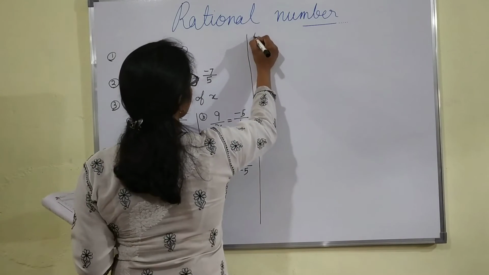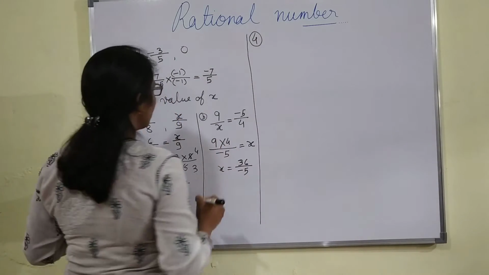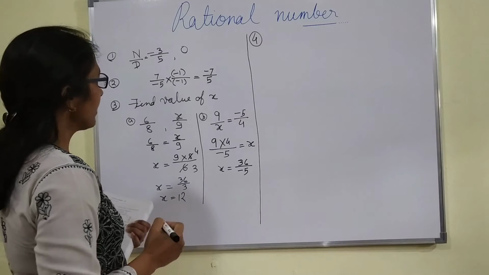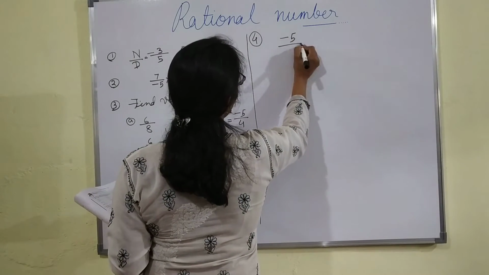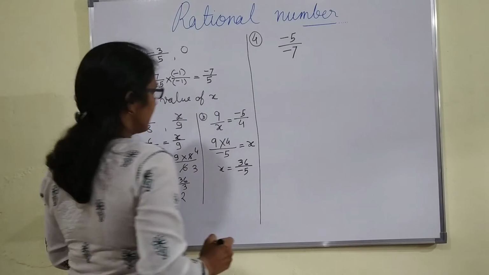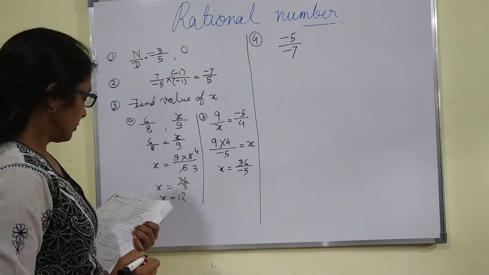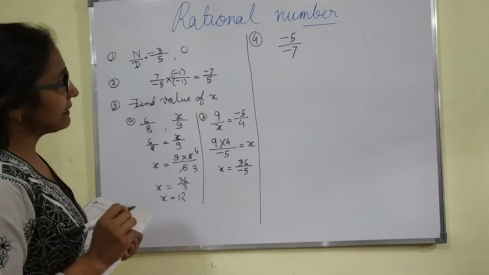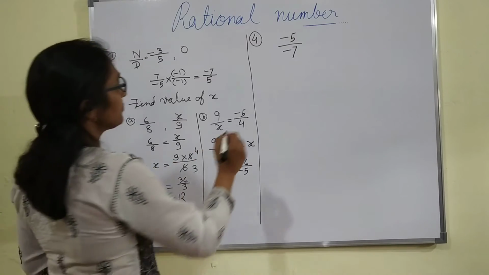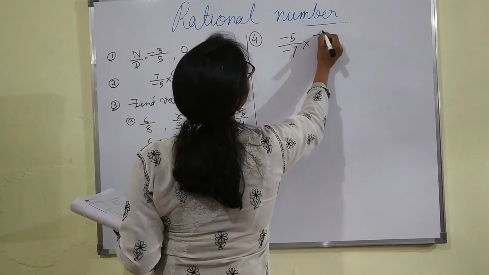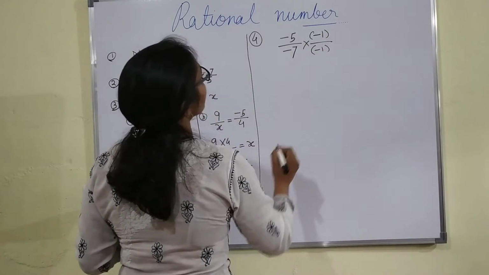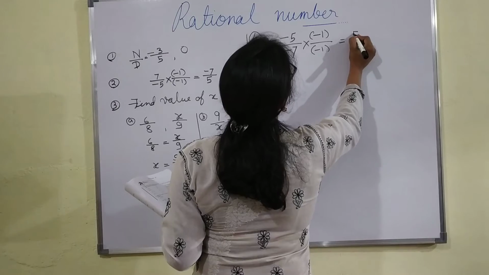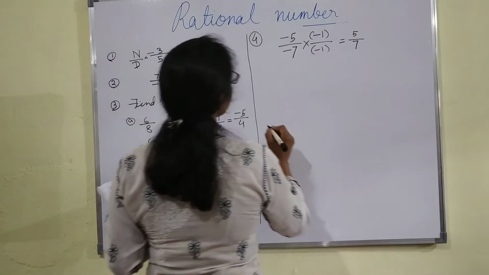Now the next question, the fourth question: if we have a rational number minus 5 upon 7, how will we make its denominator positive? Simple. By multiplying minus 1 in numerator and denominator, so it will become 5 upon 7.